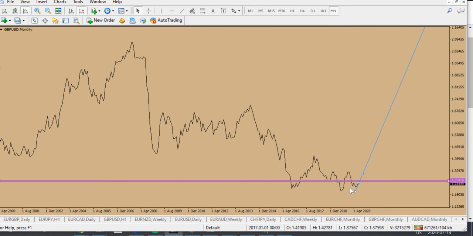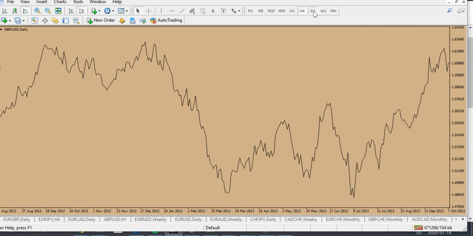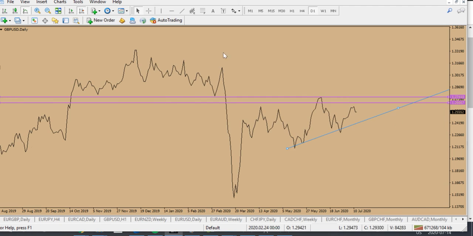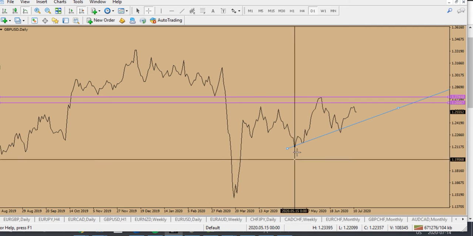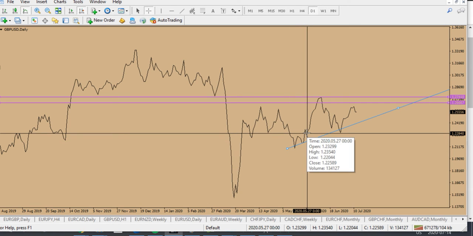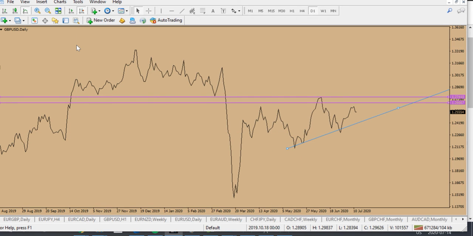But because GBP was low, this should be a short sell. So maybe the target price profit would be that area or that support level around here, right? But that wouldn't be too greedy on that trade. So it's still a couple of 100 pips that you could get off that trade.